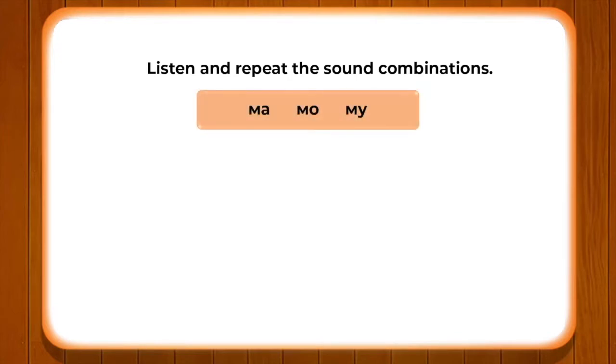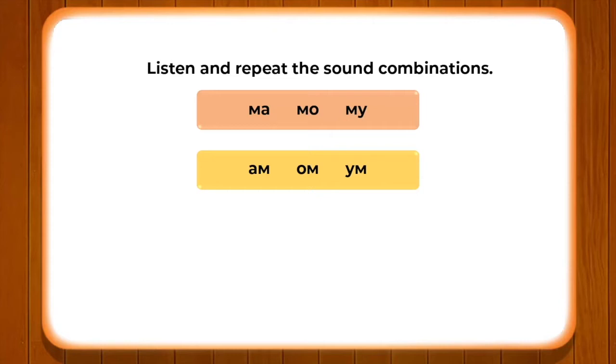Ma, mo, mu, am, om. Here we have a combination of the consonant m and the vowel a. So, the sound of m and a is ma.